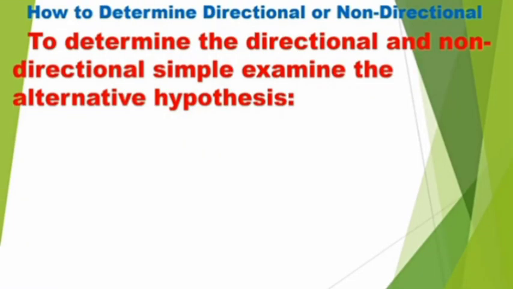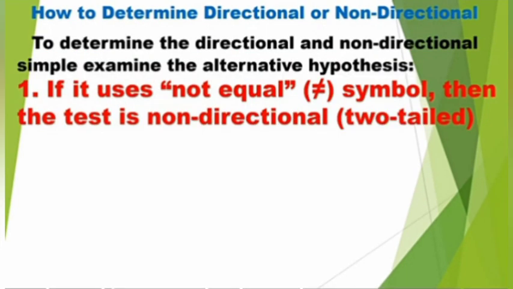For those who are asking how to determine directional or non-directional, simply examine the alternative hypothesis, H sub A. First, if the alternative hypothesis uses the not equal symbol, then the test is non-directional or two-tailed.